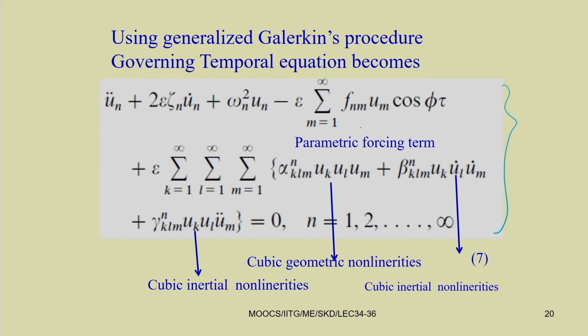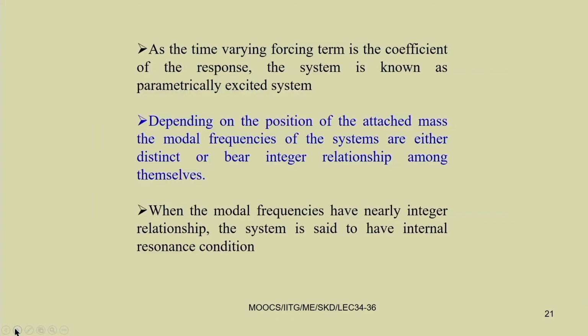You can see the coefficient of u m, that is the displacement, is a time varying term, which is why we have a parametric forcing term. Here we have cubic geometric nonlinearity, and the two cubic inertia nonlinear terms are also present in the system. As the time varying forcing term is the coefficient of the response, the system is known as a parametrically excited system.